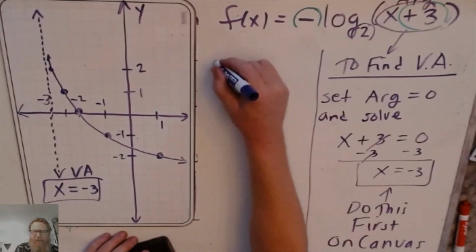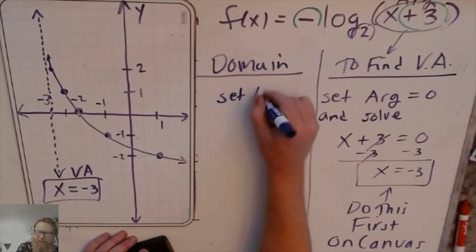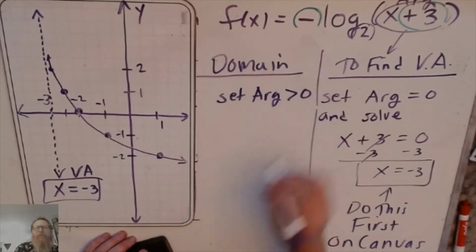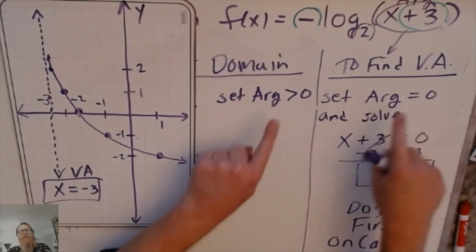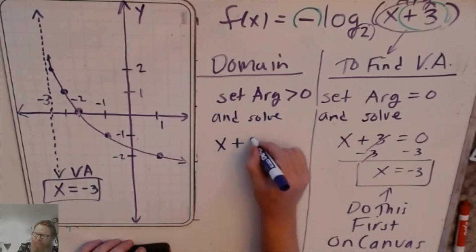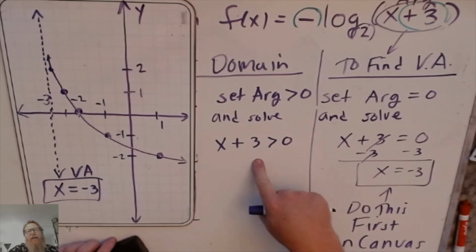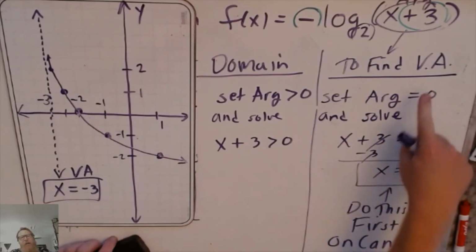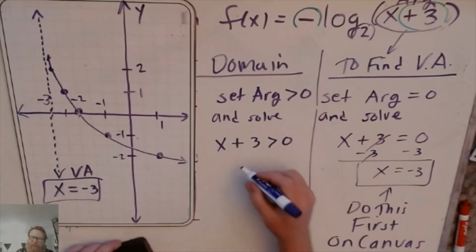To find the domain, set the argument greater than 0. These are almost exactly the same process. You just have to remember which one's equal to and which one's greater than. All right. Asymptote is equal to, domain is greater than.